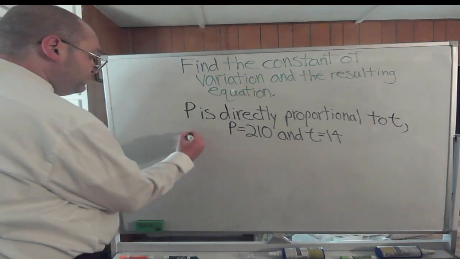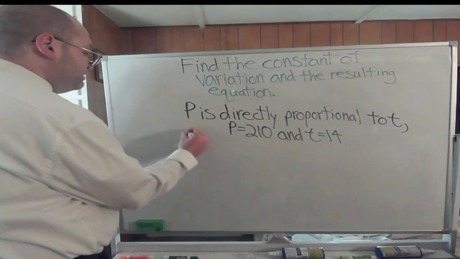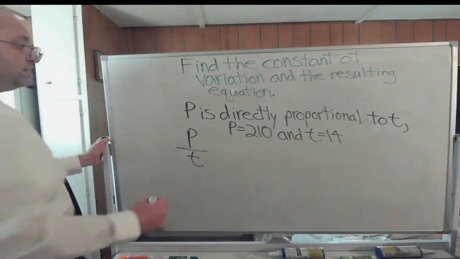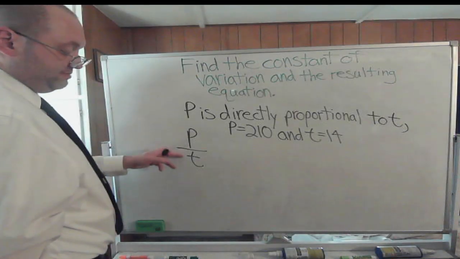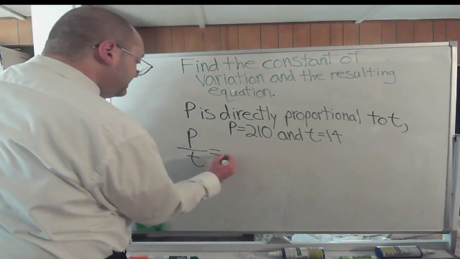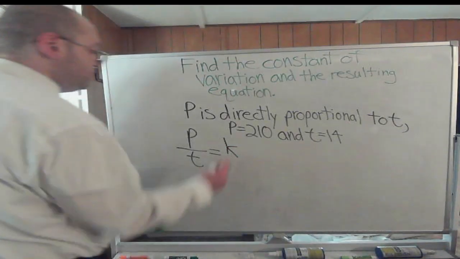So P is directly proportional to T. Start with that. That means it's going to be in a ratio of P to T. It's in the ratio P to T. You set that equal to your constant of variation.